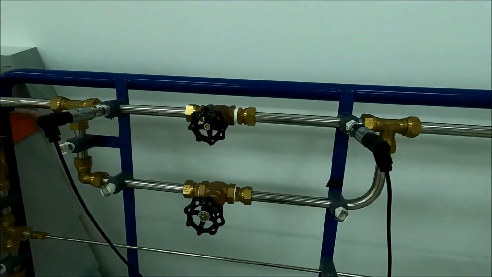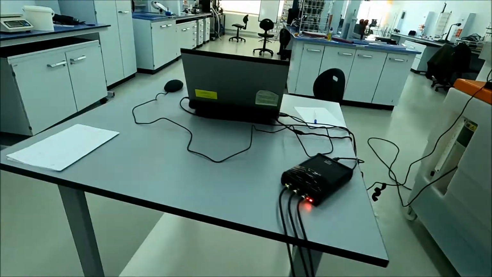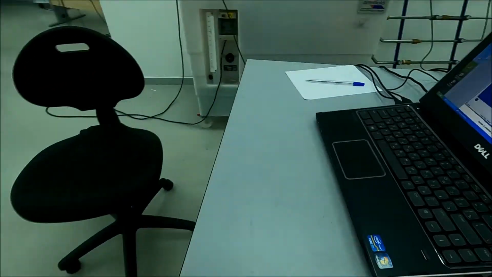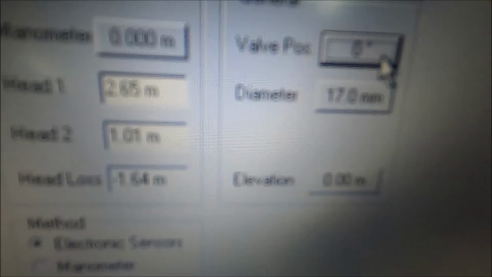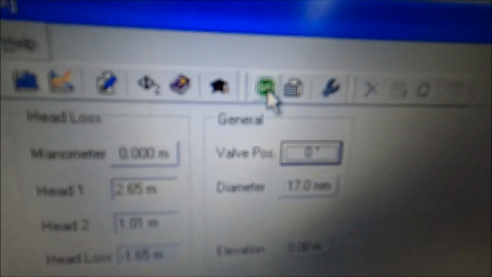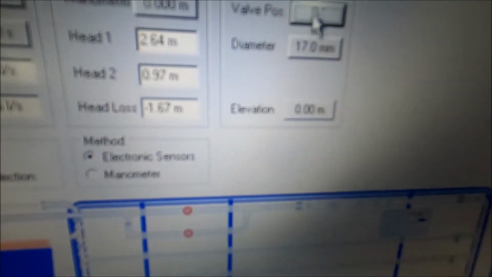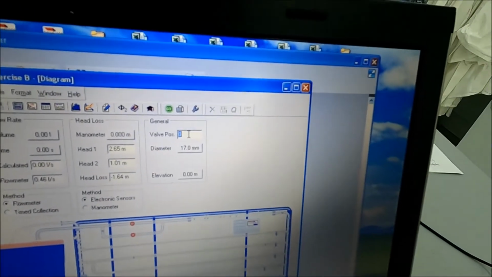Let's take a reading for the 0 position. Valve position is 0. Let's take it and change to 45.